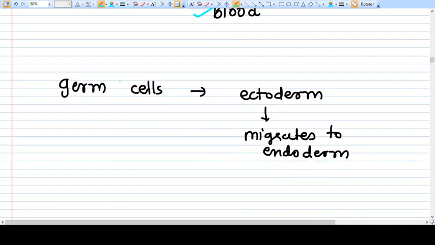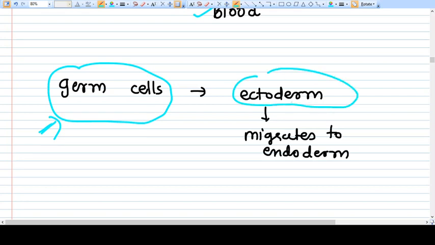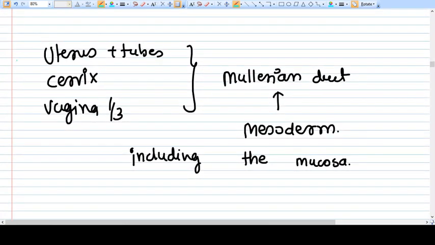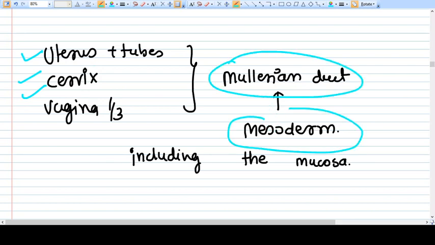The germ cells which make sperms and oocytes are produced from the ectoderm basically, but then they migrate to the endoderm. As a gynecological concern, the uterus, cervix, vagina are made by the Mullerian duct, and the layer from which the Mullerian duct comes is the mesoderm, including the lining also.